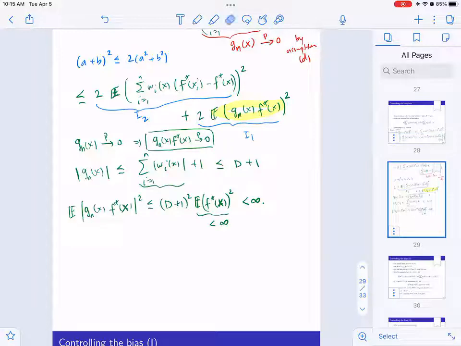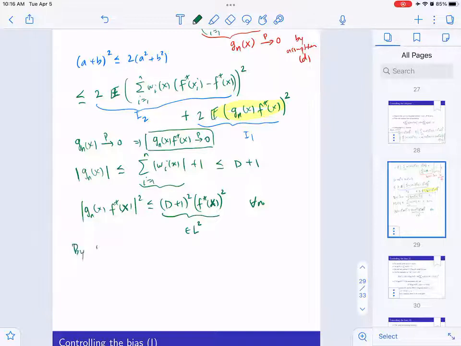I should write it a little bit more carefully. It's dominated by this function, and this function is in L2. So for all n, this is bounded by this, and this is in L2, so you can use the dominated convergence theorem. The dominated convergence theorem is for when this is almost sure, but it also works when this is in probability. I'll let you figure that part out.